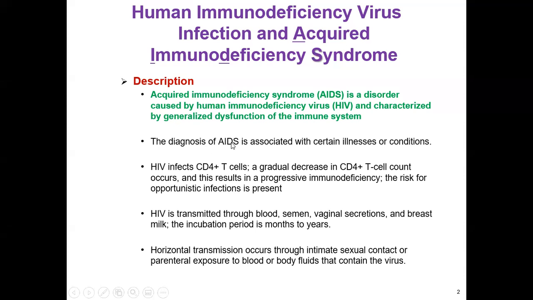The diagnosis of HIV is associated with certain illness or conditions. HIV infects CD4 cells and gradually decreases CD4 T cell count, and that results in progressive immunodeficiency. The risk for opportunistic infection is present.